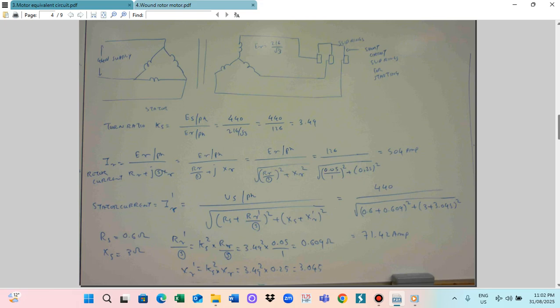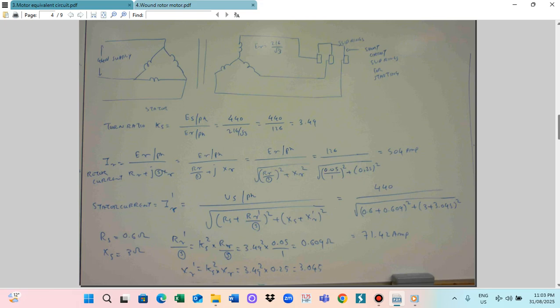And then you now substitute, I_R' you can calculate. So Vs is 444 delta voltage. So delta voltage of phase is also 444, because in the delta connection the line voltage is the same as the phase voltage. So because of this, Vs per phase you can substitute as 444. And R_S, R_R' by S, X_S, X_R' you can substitute now.